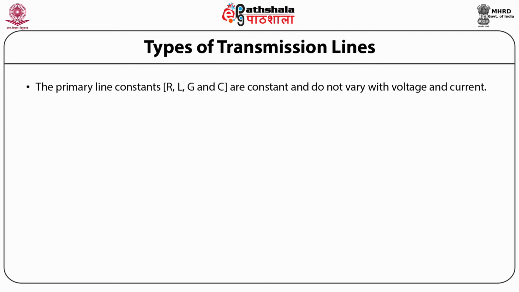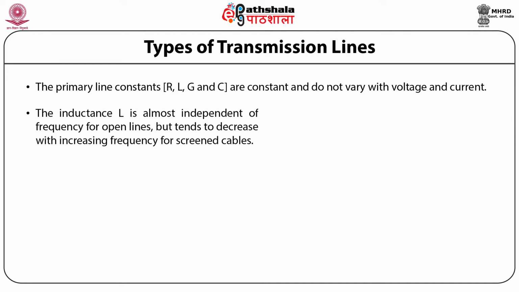So the primary line constants R, L, G and C are constants and do not vary with the voltage and the current. The series resistance R increases with frequency as a result of the skin effect.